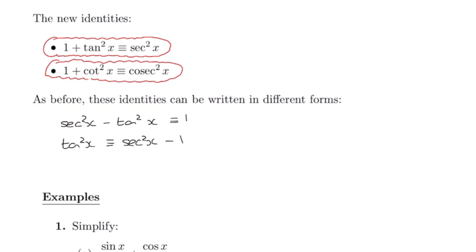So you can see you can get the sec squared x and tan squared x on their own. The bottom one, 1 plus cot squared x is identical to cosec squared x.